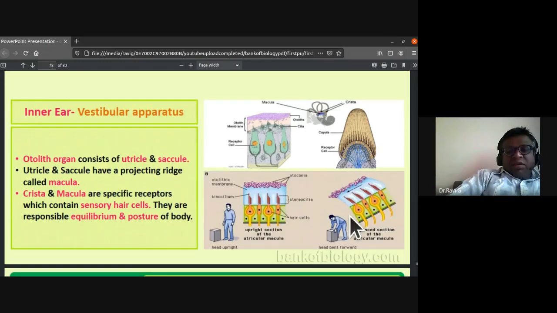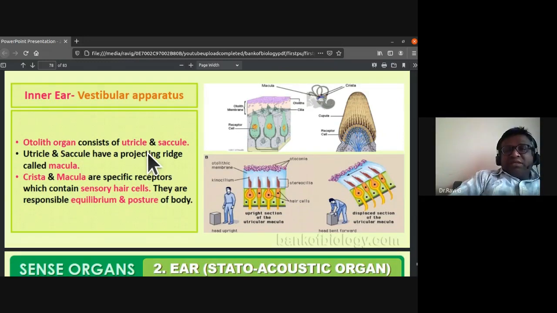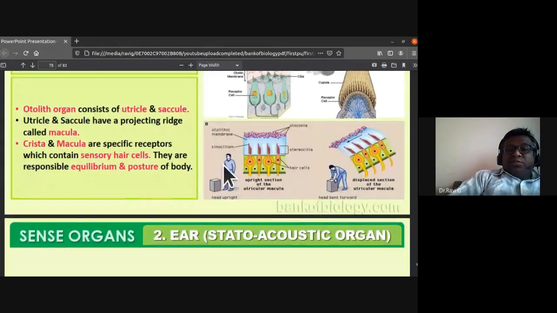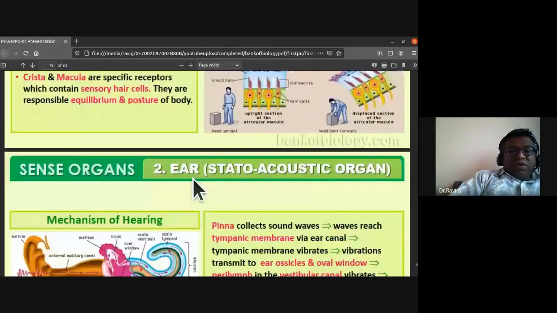The utricle and saccule have a projecting ridge called the macula, with an otolith membrane. The crista and macula are specific receptors which contain sensory hair cells. They are responsible for equilibrium and posture of the body.